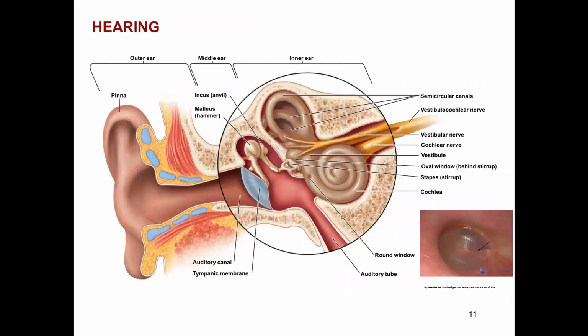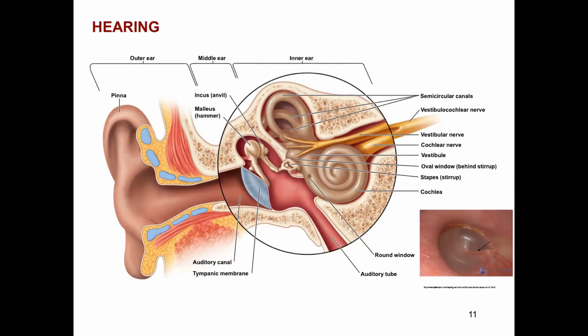Now, hearing. I should have hearing and balance really as the title on this slide, but we're going to look at this for the ear, and with the ear we have to go over what these structures are. The outer ear is responsible for collecting sound waves. It ends at the tympanic membrane. Here it's transferred to the middle ear, and the job there is to amplify the sound so that it becomes more predominant.